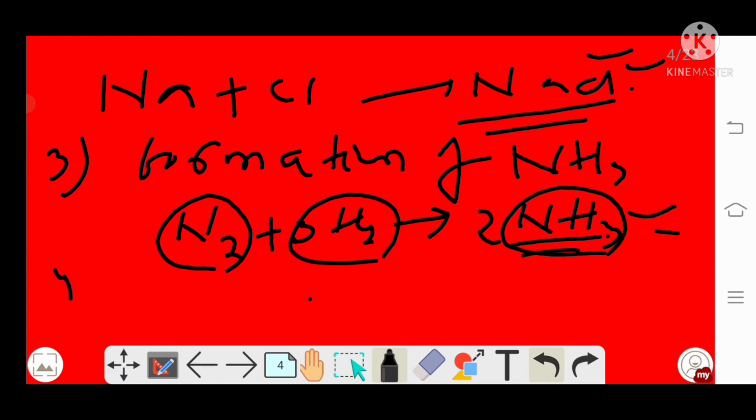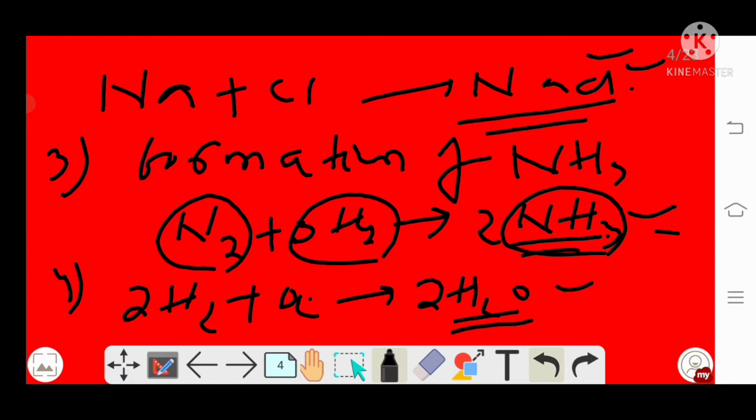Formation of water: 2H2 plus O2 gives 2H2O, the balanced chemical equation.